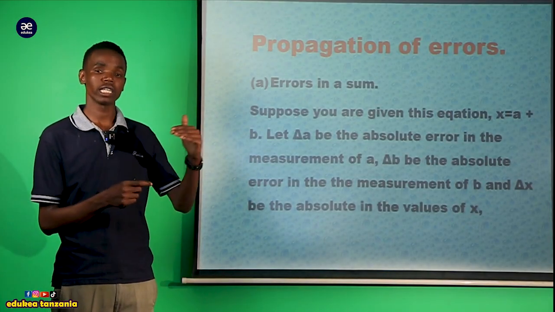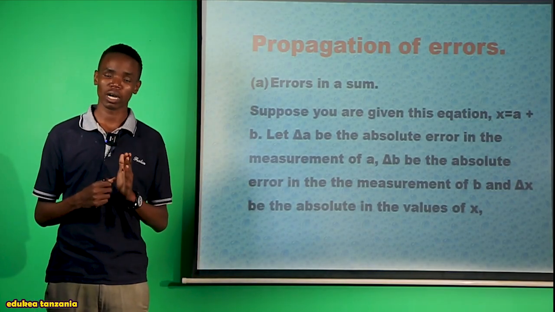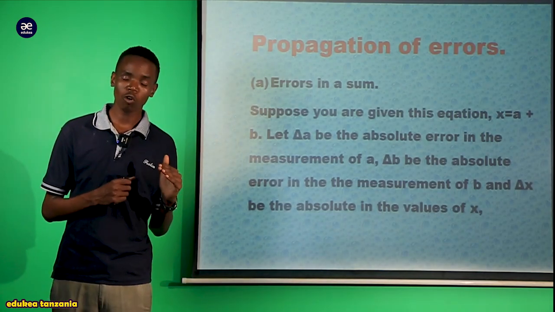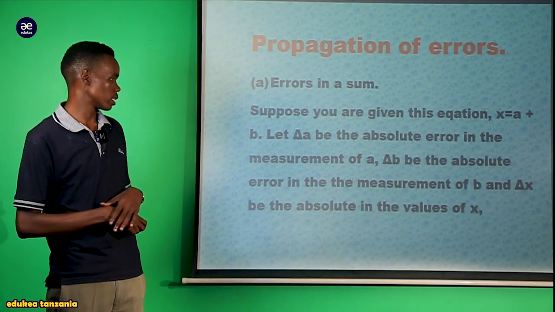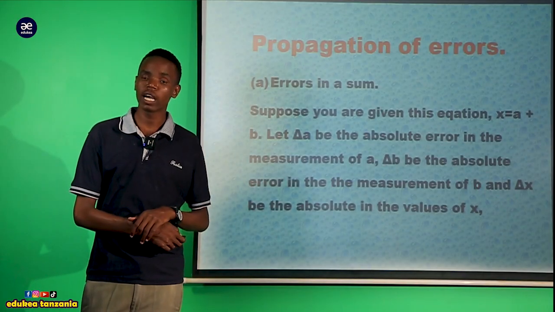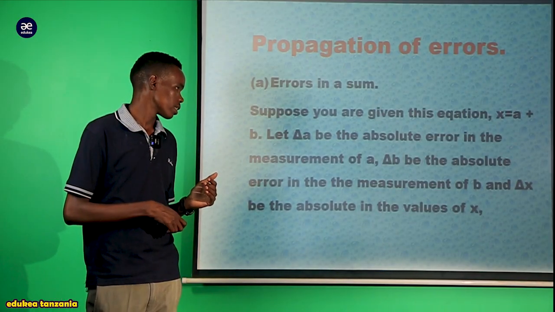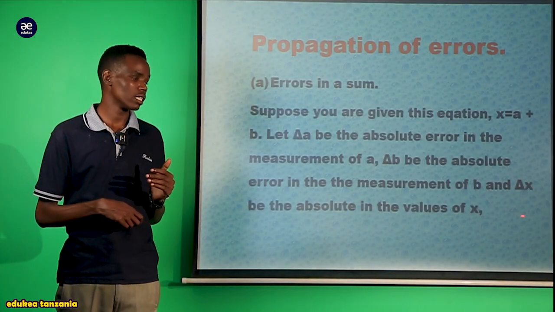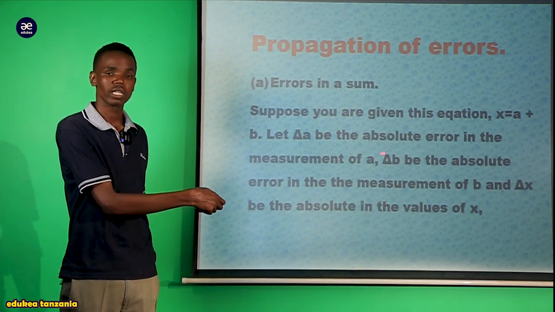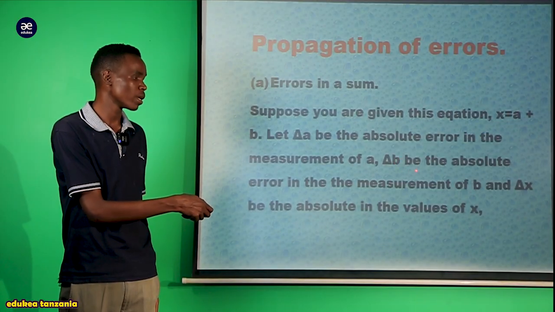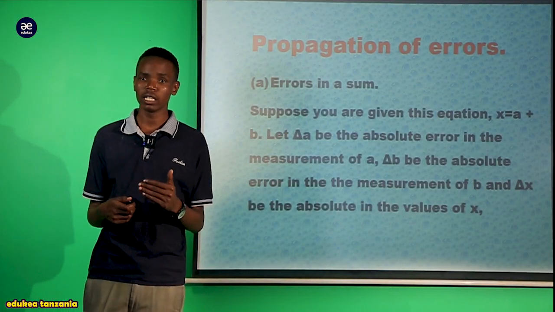Huwezi ukapata error ya B kwenye A. No, it is very difficult. This ΔB is obtained from the measurement of B. But ΔX is the absolute error in the value of X. Kwa huyu hapa ΔA ana represent absolute error in A, lakini huyu ΔB represent the absolute error in B, lakini huyu ΔX ni absolute error in X, my dear student.